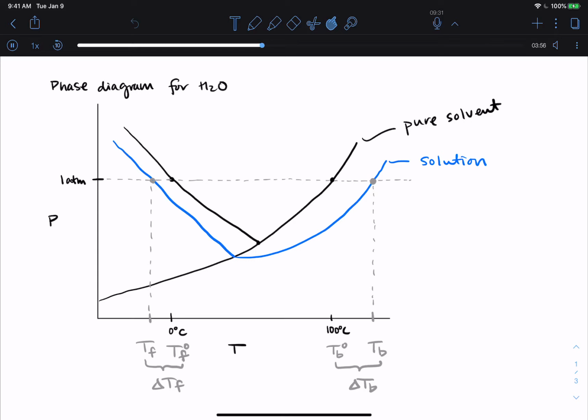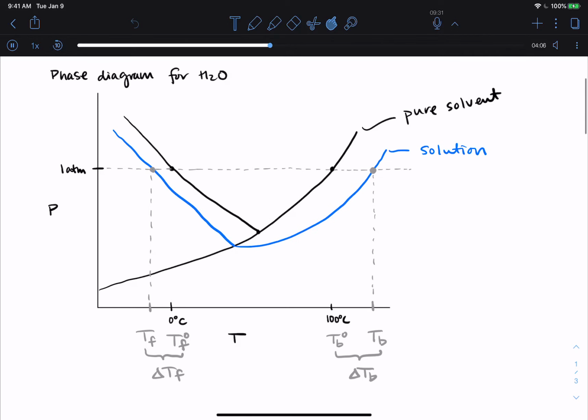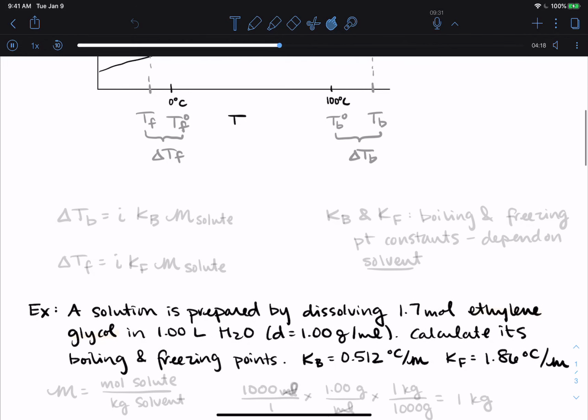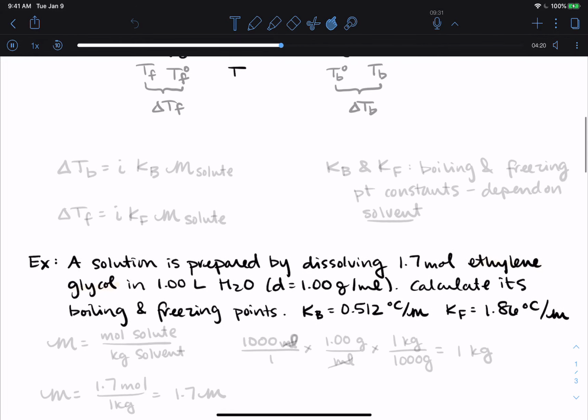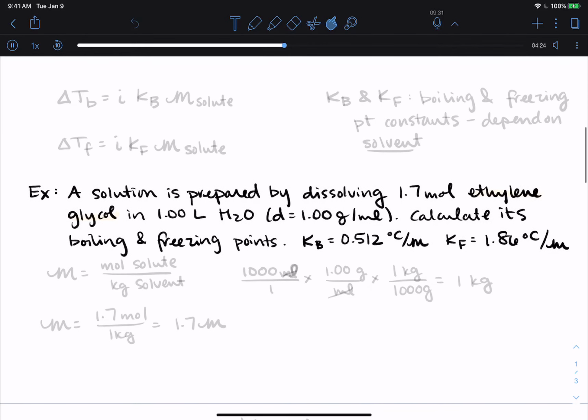So I'm going to give you these equations. We are technically going to calculate delta T_B and delta T_F, and then you will be responsible for remembering to increase your boiling temperature and decrease your freezing temperature. All right, so for these equations, we finally get to use my favorite concentration unit, which is molality.